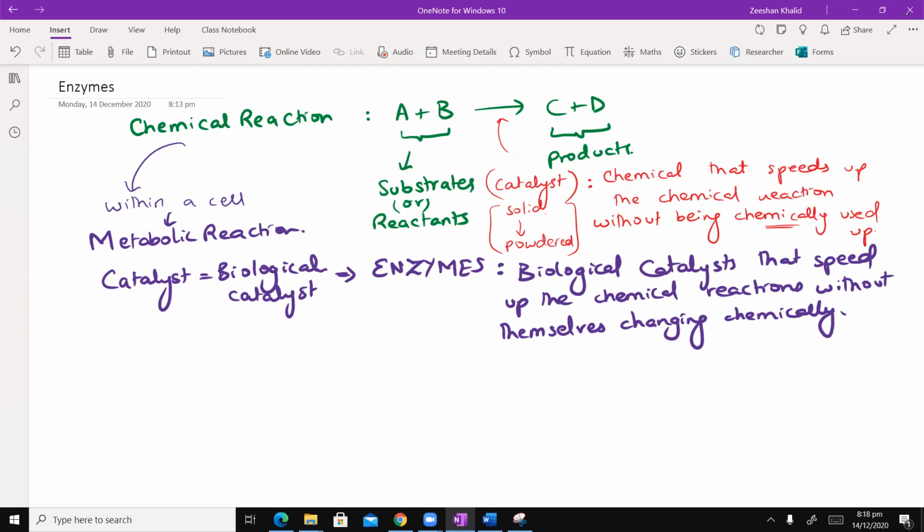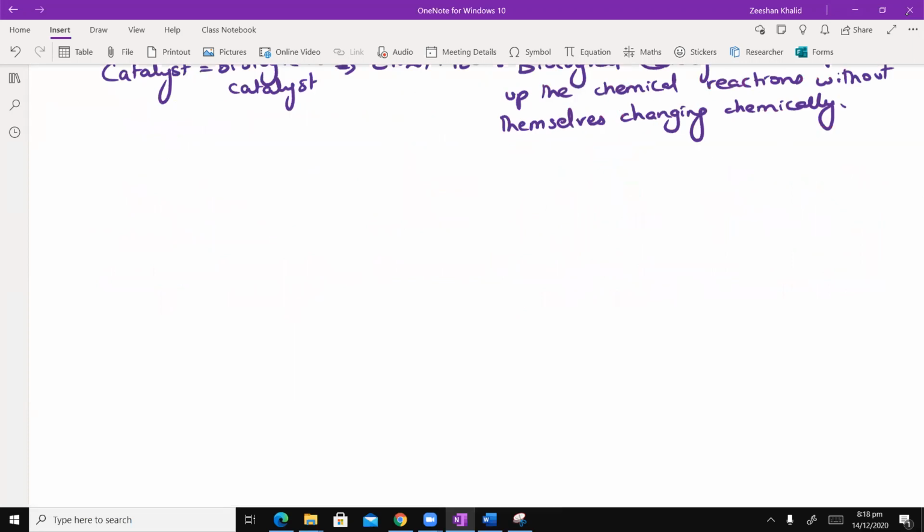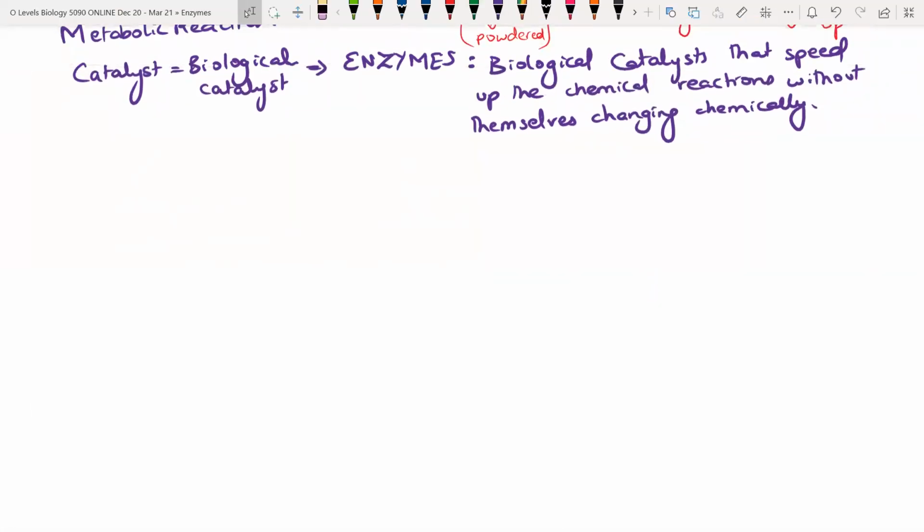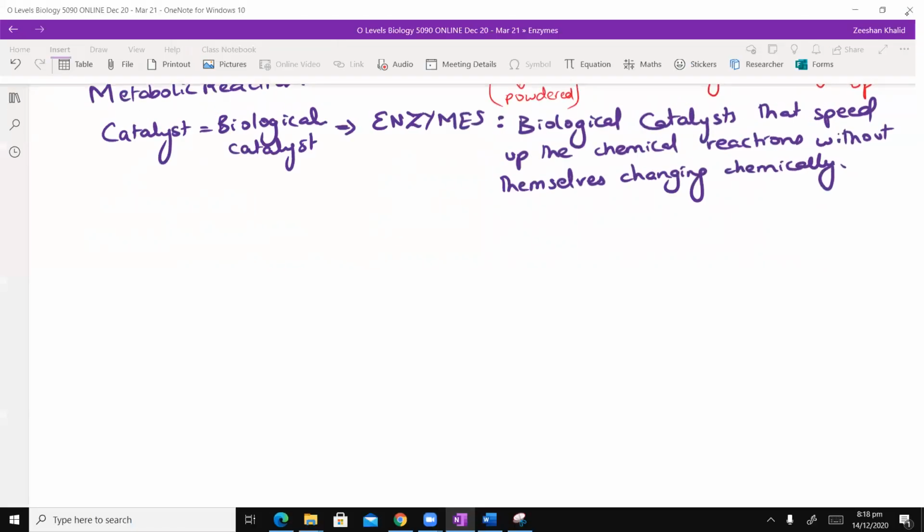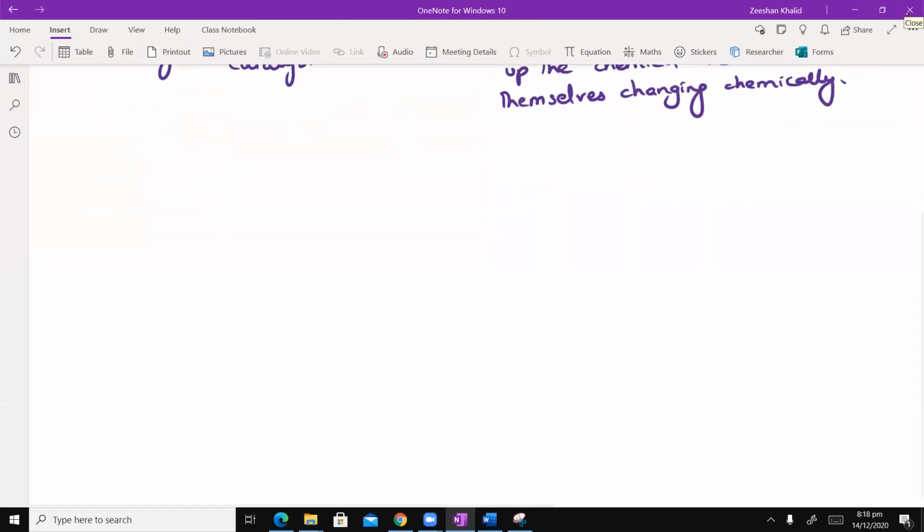Okay, now there are some characteristics that we are going to talk about the enzymes. So let me make a web spider diagram if you like. So let's talk about these characteristics.